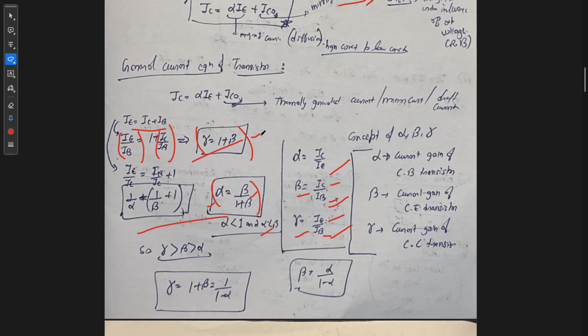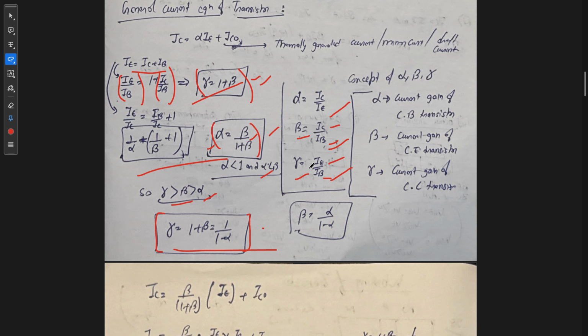And from both these relations, we get that gamma is the largest, then beta, and alpha will be the lowest. This is the overall relation between alpha, beta and gamma.